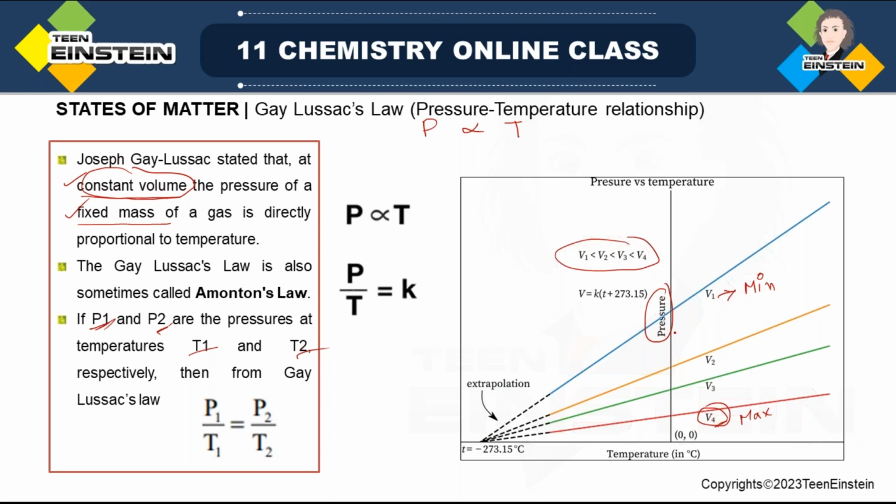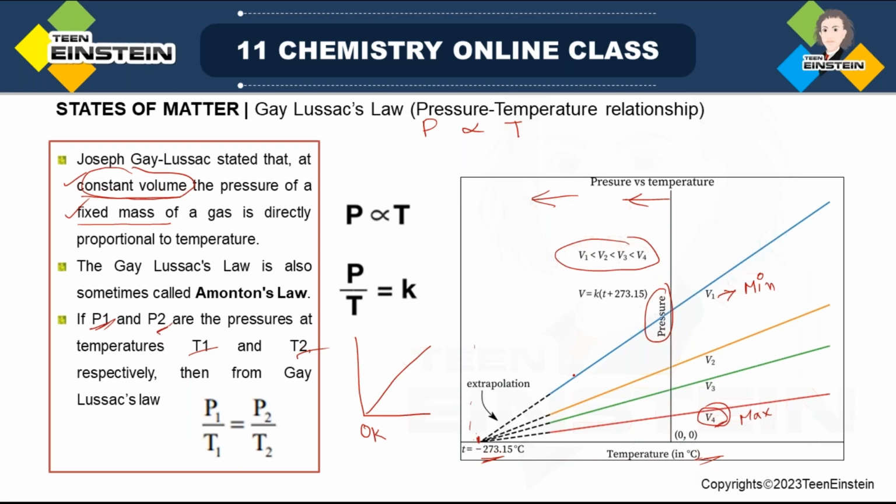Now here also the nature of the curve will be the same as what we observed in case of Charles' law. Fine. So if we extrapolate it again, it will cut somewhere here, and temperature is taken in degrees centigrade, but you can also consider it as 0 Kelvin. So if you shift the line towards this scale, suppose you are starting from here, then obviously the line will pass through 0, because now it is 0 Kelvin, not degree centigrade.